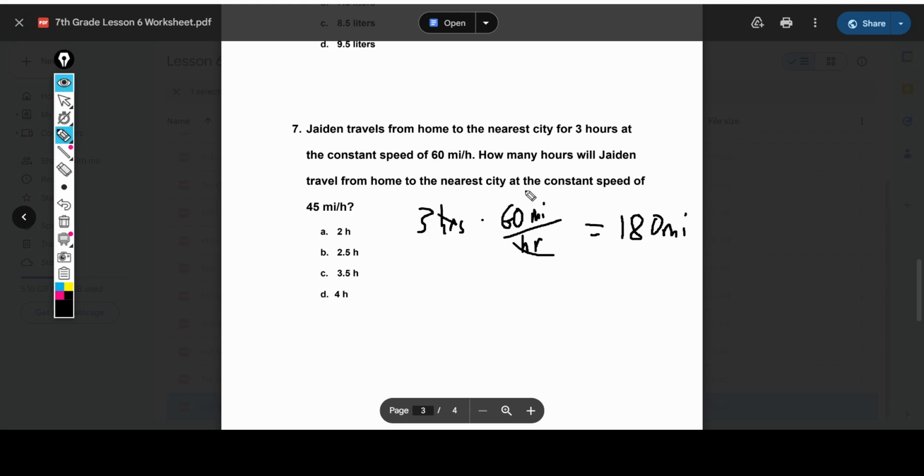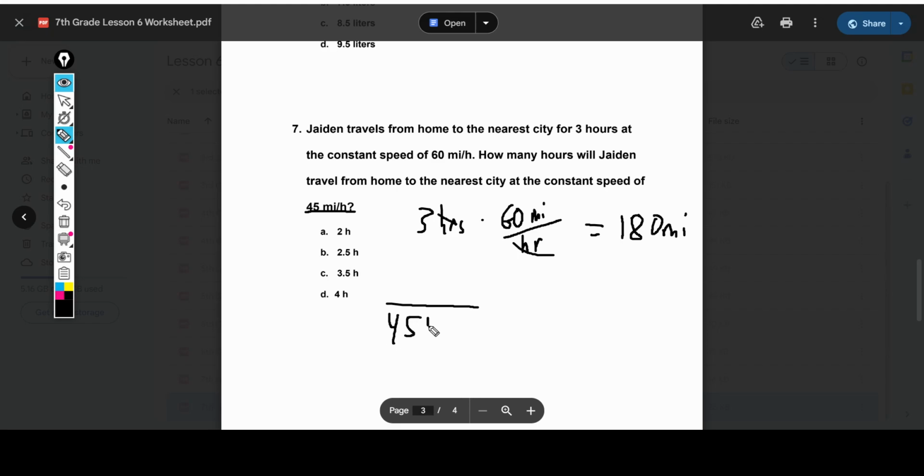So if he's going to go back, he's going to still have to travel the same distance, 180 miles, but this time his speed is different. So you want to find the time from this and this, miles per hour and miles. So how would we do that? Well, we know time is in hours, so there should be hours at the top. So since hours is at the bottom in the speed, that speed should be the one that's dividing.